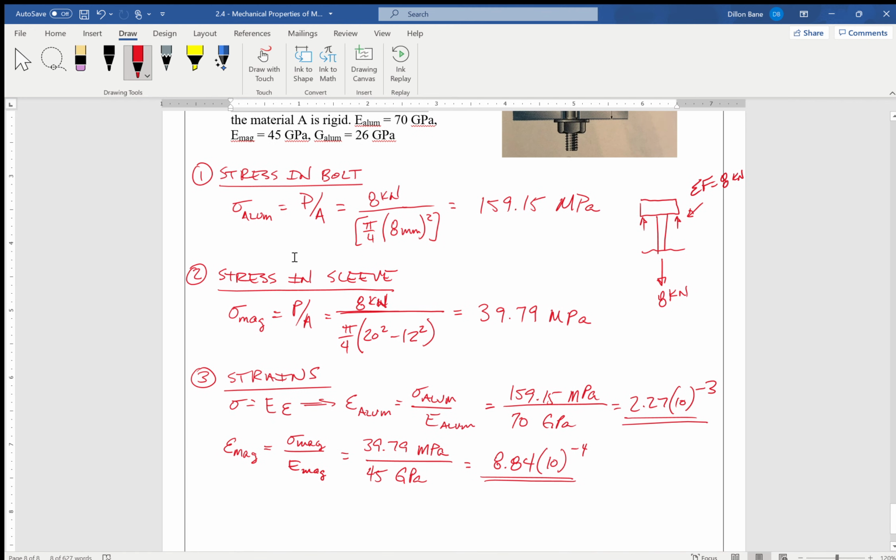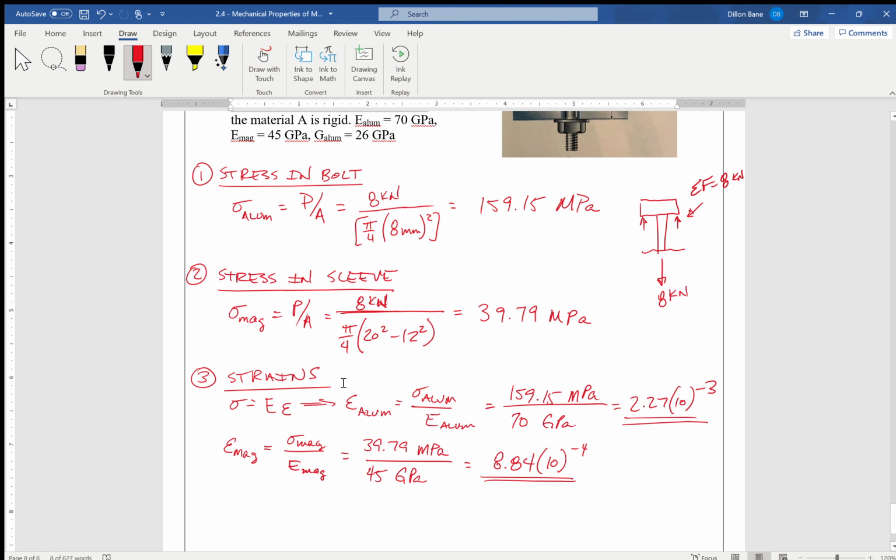So we need to figure out then, if I'm asking you for a lateral deformation, y'all's mind should immediately start to think about Poisson's ratio. So for the bolt, which is the aluminum subscripts, we know our longitudinal strain, epsilon aluminum, because this is the strain that is in the longitudinal axis of the bolt.